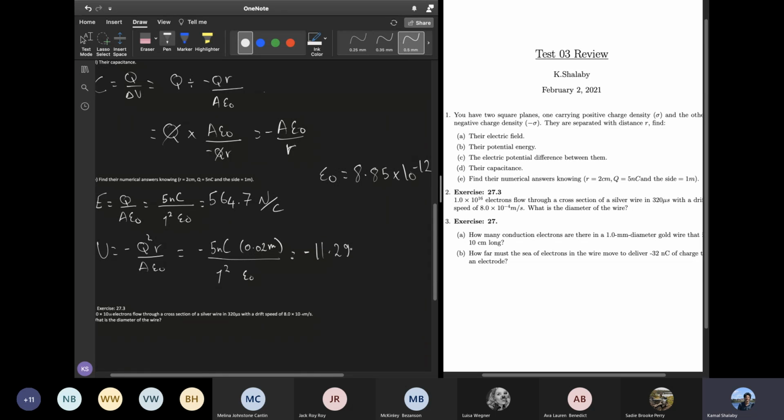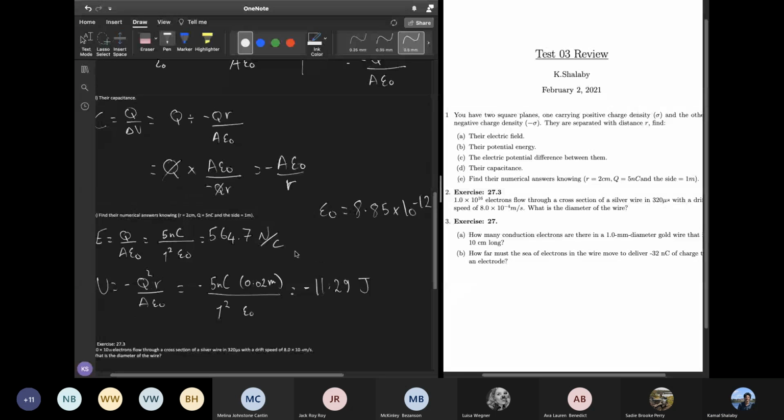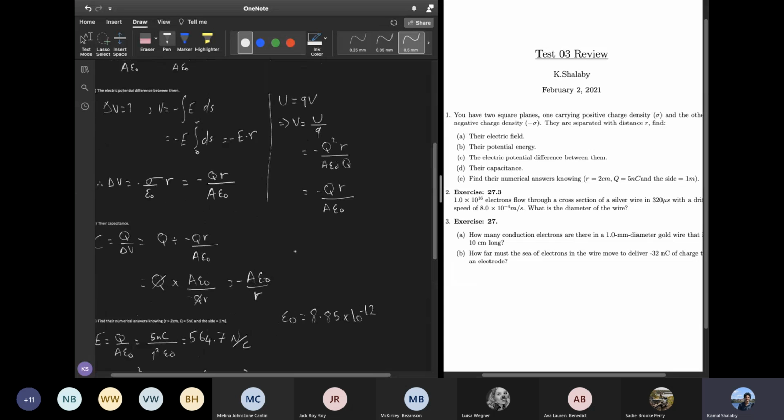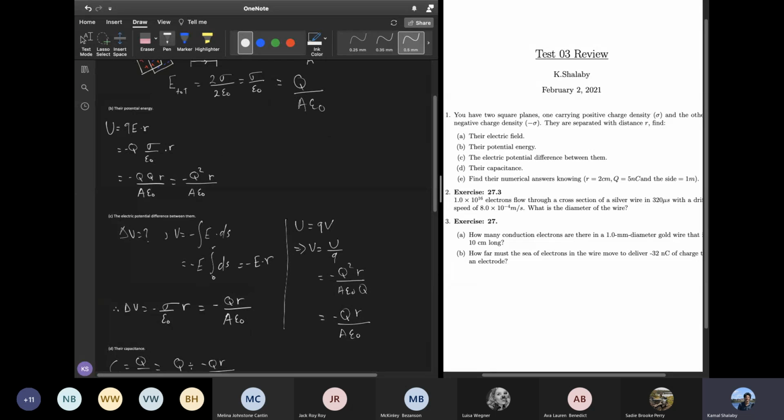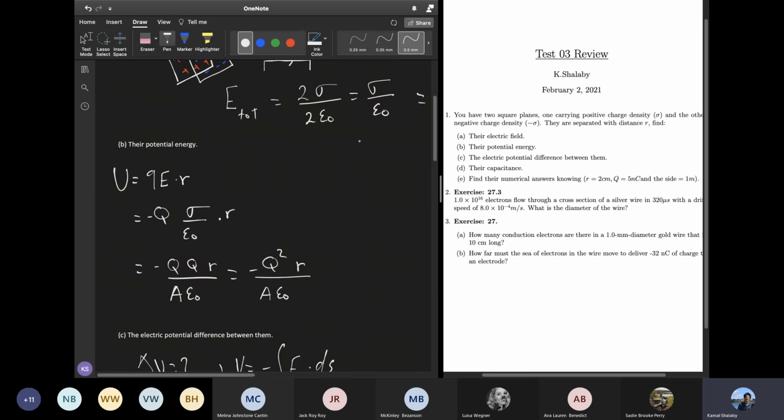11.29. And what are your units? Does anyone know? Joules per coulomb? Not quite. It's just joules. Because if you look here, we have U is equal to QE dot R, where the units of E are newtons per coulomb.